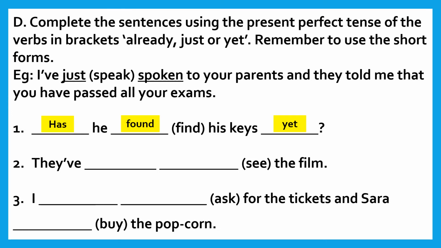Answer, they've already seen the film. The third, I dash dash ask for the tickets and Sarah dash buy the popcorns. Answer, I just asked for the tickets and Sarah bought the popcorns.